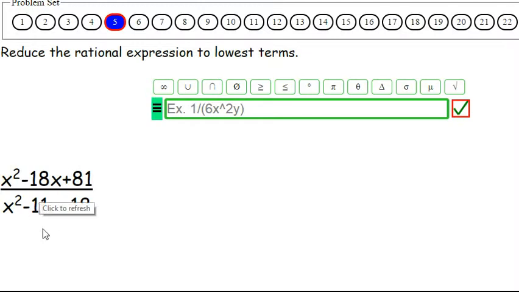You may run into that. If you do, just click and get a new problem, okay? Because it's not going to be totally reduced down. For example, the answer might end up being x plus 1 over x plus 1, but obviously that would cancel out to 1. So that's something I need to go back and take a look at. I thought I would throw that in there.